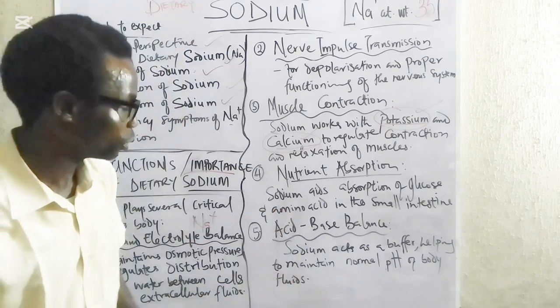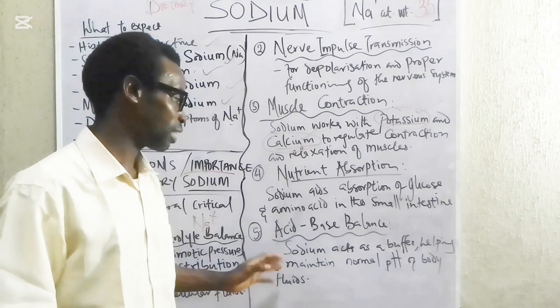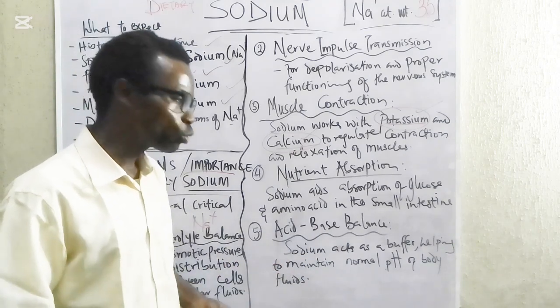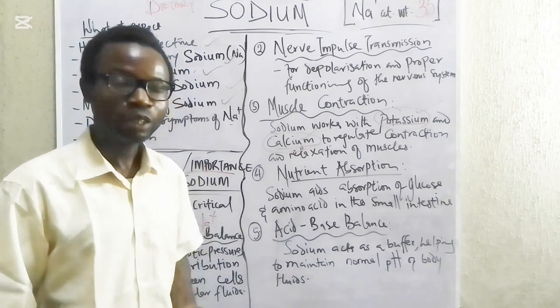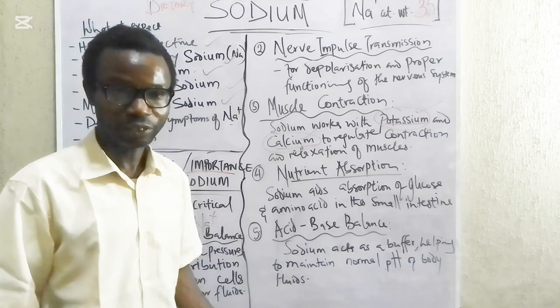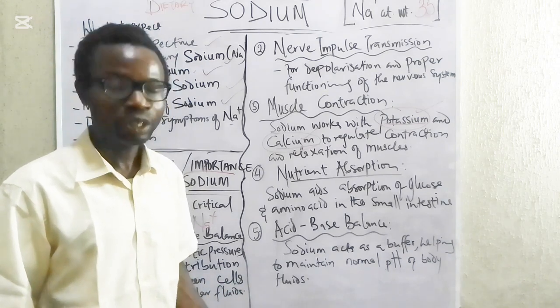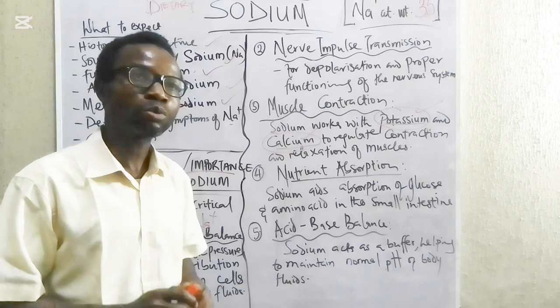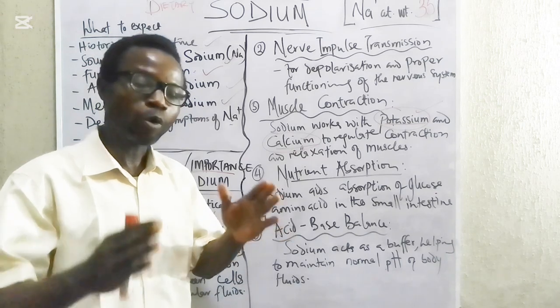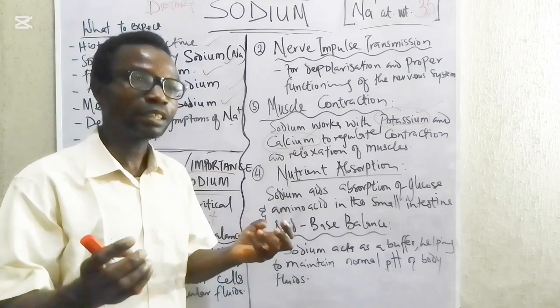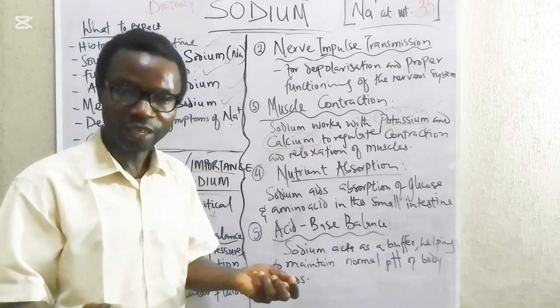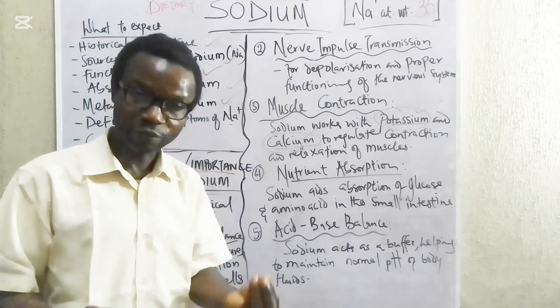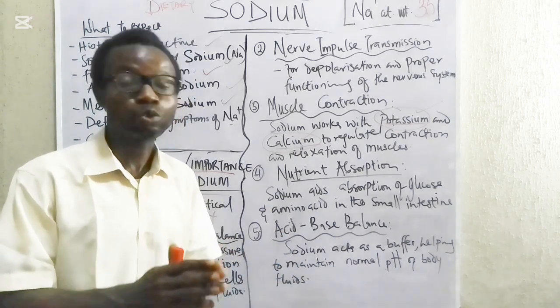The next, which is the last one we'll be considering, is acid-base balance. Sodium is a group 1 element, which is alkaline in nature. They call them alkali metals. They help to neutralize or maintain the pH of the body fluid so that it doesn't become too acidic.